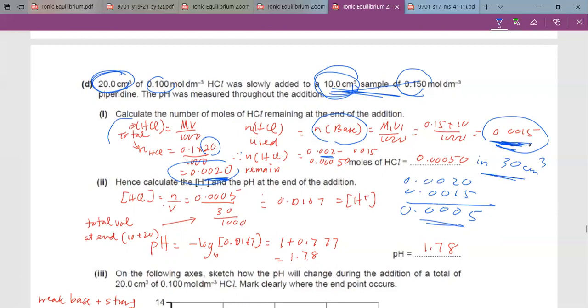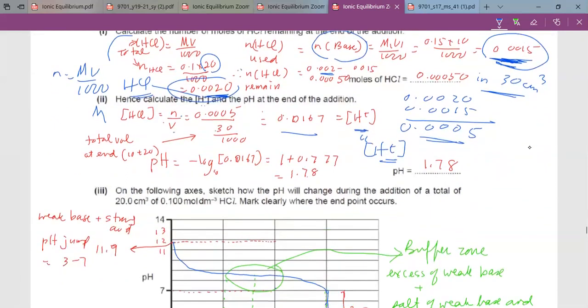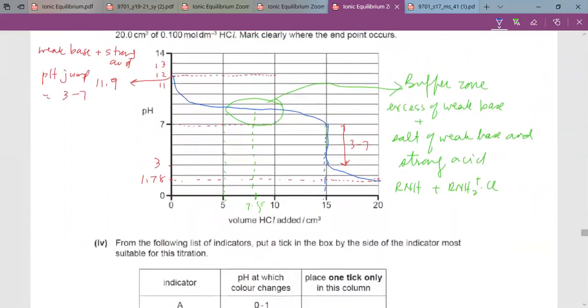To find the concentration of H+, which is the same as HCl, at the end, remember molarity is the number of moles over volume, because n equals MV. So the number of moles is 0.0005 over 30, which is equal to 0.0167 mol dm⁻³, the same as the concentration of H+. Remember it's over 30, so you can solve the pH: 1.778. This is the pH after adding 20.